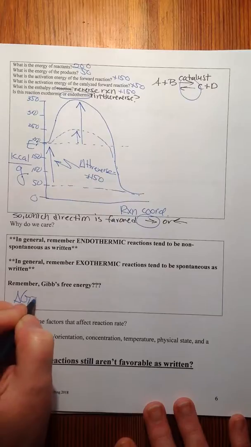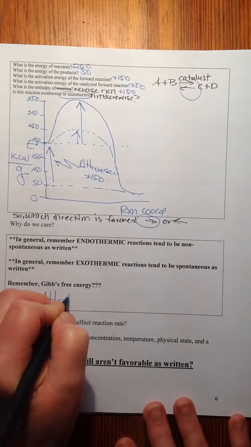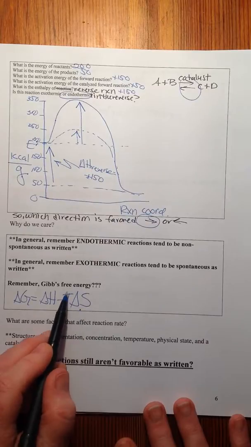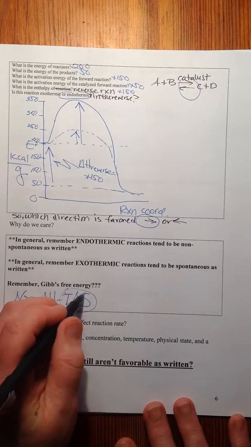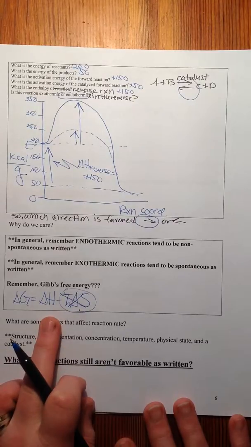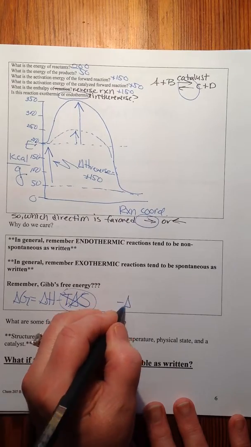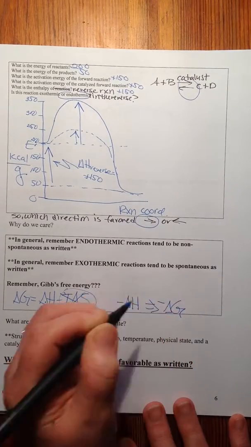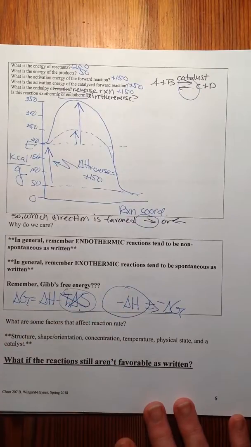And Gibbs free energy, while it's a combination of enthalpy and entropy, unless we put heat into it, the driver of Gibbs free energy, for the most part, is going to be enthalpy. So negative delta H will tend to give us a negative delta G. So we're going to simplify our lives and look at enthalpy as the driver.